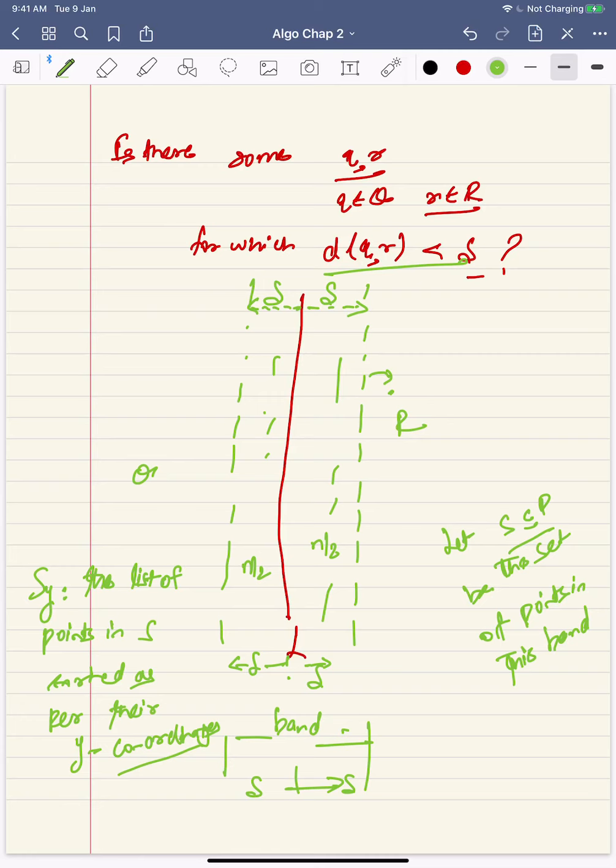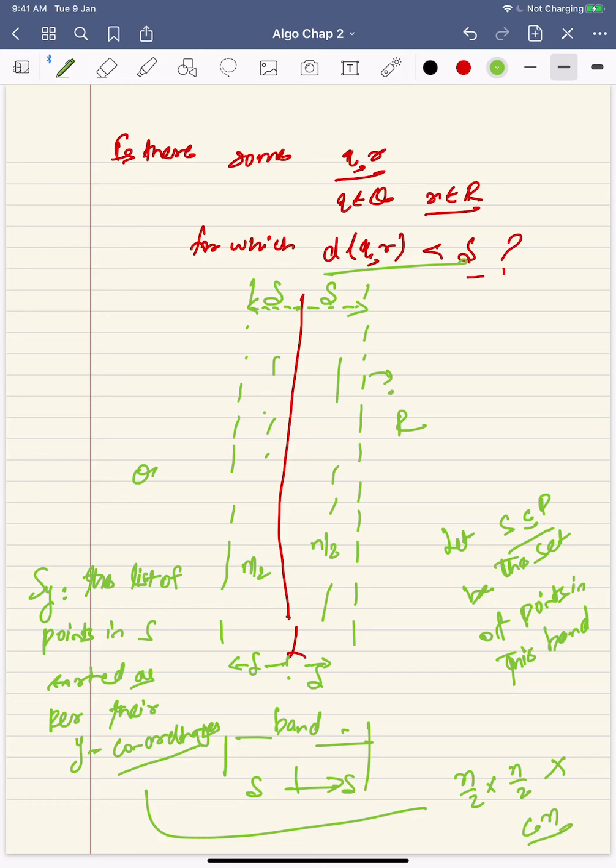Now there will be a first point at least. See what we are trying to prove: in the worst case there are n by 2 times n by 2 comparisons. But can I somehow say I don't have to do n by 2 comparisons, but something like Cn comparisons, some constant times n?